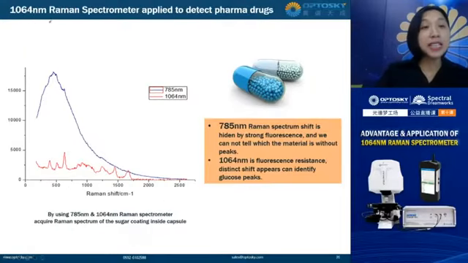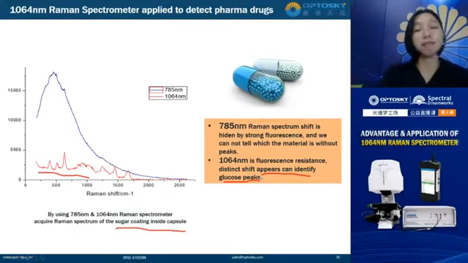And the 1064 Raman spectrometer is also very good for the sugar coating inside capsules. You can see the Raman spectrum using 785 has no signal at all. However, if you use the 1064, the Raman signals are very nice to identify its glucose peak.